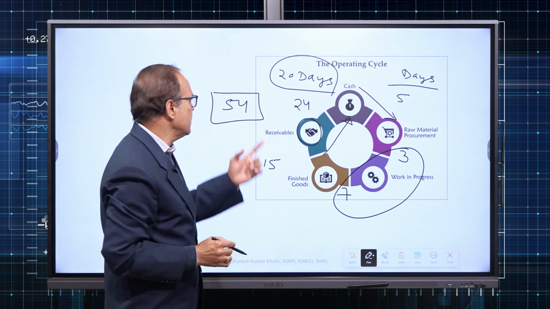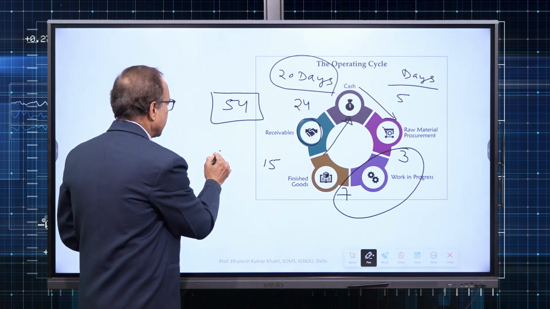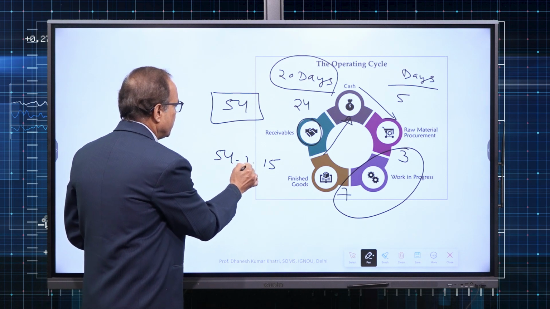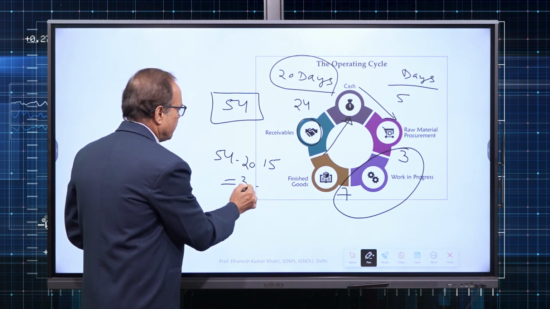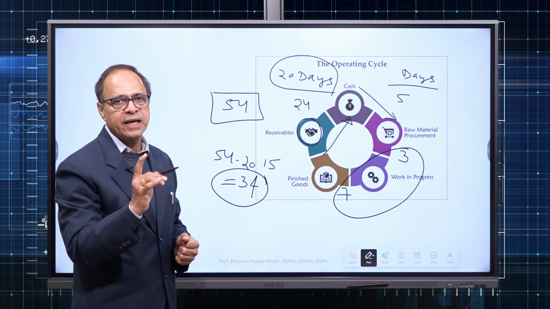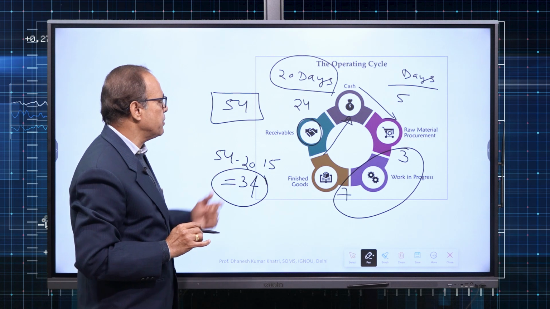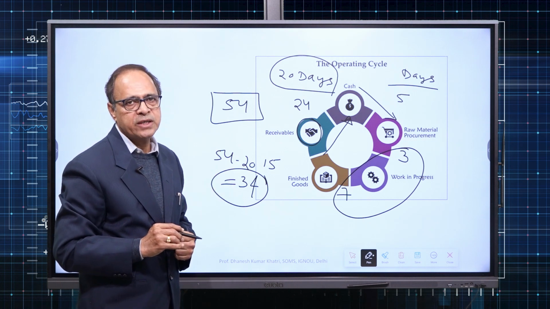Then definitely our financing is there for 20 days. So, my net operating cycle will be 54 minus 20, that is 34 days. That means to say on an average one cycle gets completed in 34 days. So, that is the example of operating cycle of a manufacturing company.